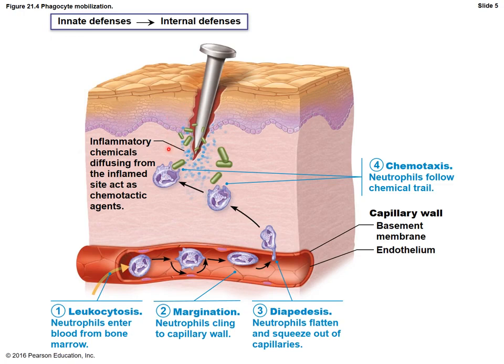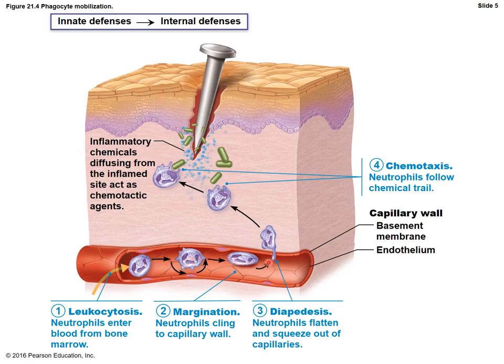So here's the skin. What's going to happen is you have these inflammatory chemicals that are being released from these injured cells. They're diffusing. That is what is going to trigger the chemotaxis. So these little chemicals are being released. Here, the light blue.